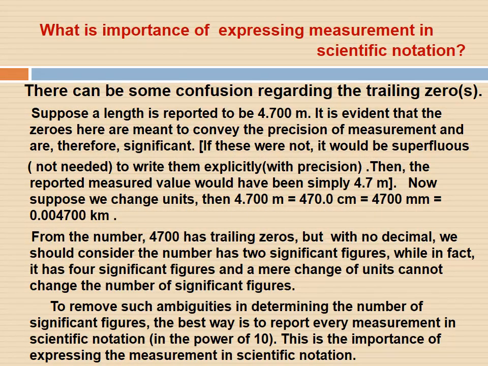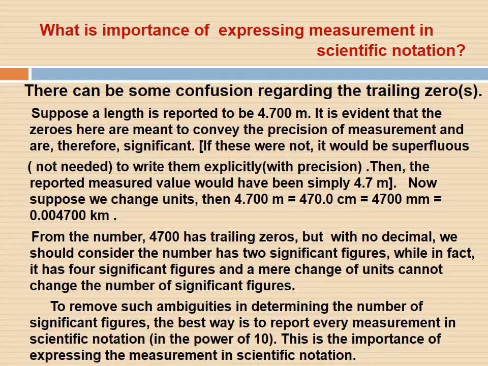Next discussing part is expressing a measured value in scientific notation. What is the importance of expressing measurement in scientific notation? You have to know a very important fact that there can be some confusion regarding the trailing zero or zeros.